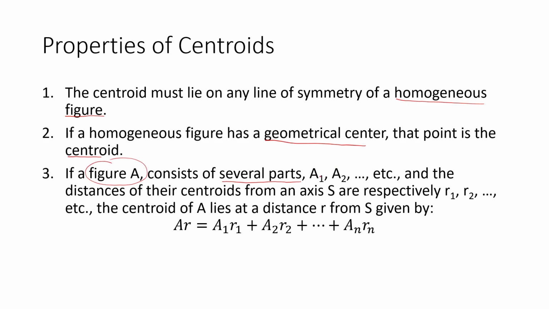So let's say you can isolate one rectangle, one square. So their centroids can be added up, and that will be equal to the total figure. So muna siya ang 1. So the left side is the total figure, and the right side are the components or the parts, and then their corresponding centroids.